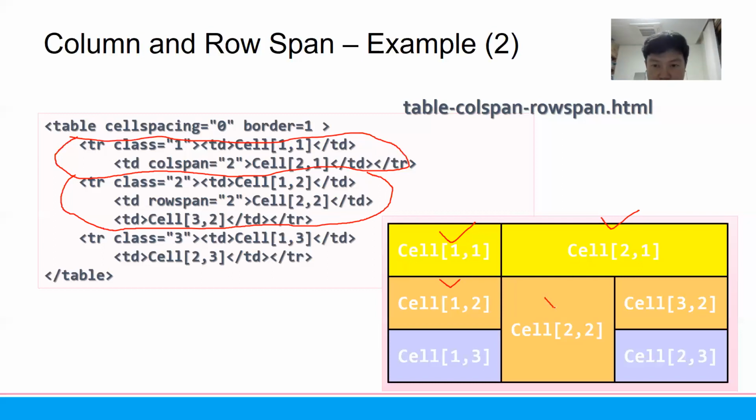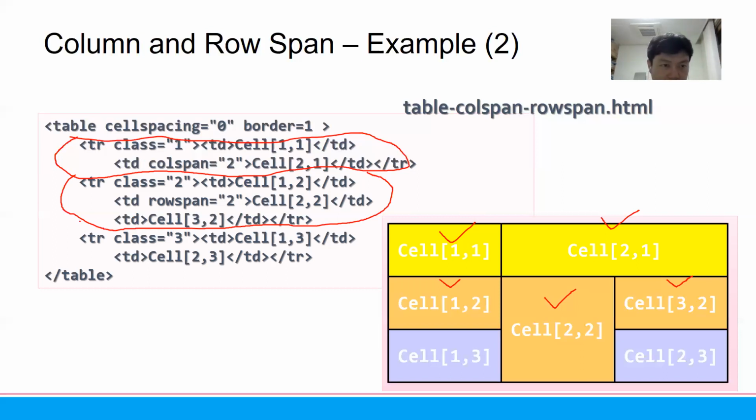So the two rows are here. We have cell 2.2, and after this cell, I would like to define the cell number 3.2. So in the TR class 2, there are three cells. There are three TD: TD first, TD second, and TD third.